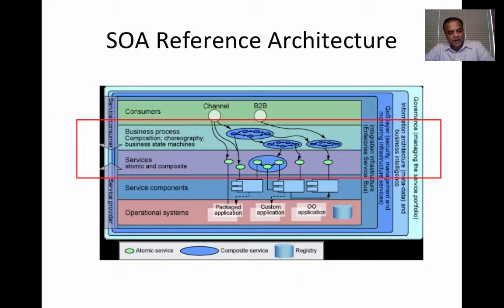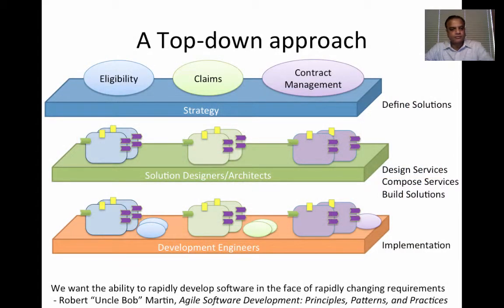Before I do that, I would like to take a moment to position service choreography within the context of SOA reference architecture. Sometimes these applications are also called composite applications. As a sample, I would like to use a classic claim processing service within the healthcare industry as a sample choreography application. Here we have three different vertical applications: eligibility, claims, and contract management.